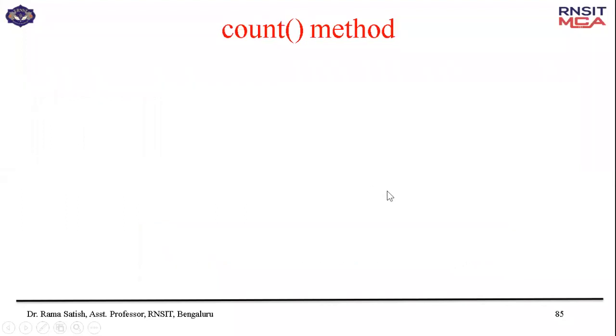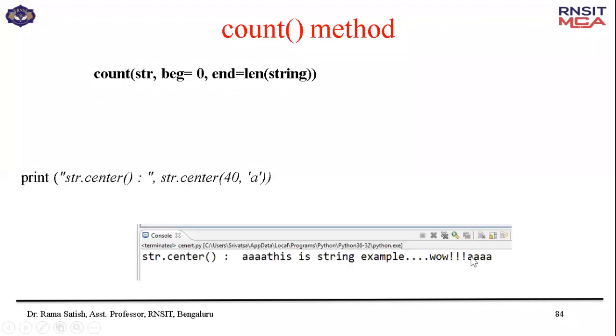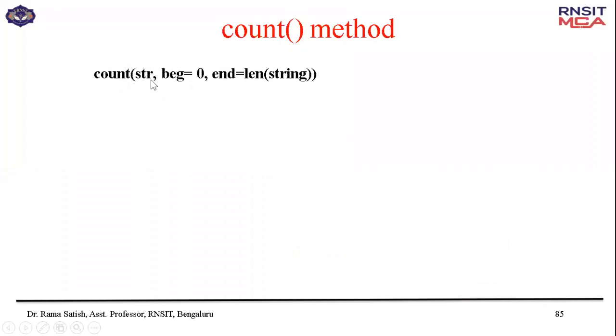Now, the count method, very, very important. Count is a method, so that will count. This is the syntax. You have to give a string, and you can give the beginning position as well as the ending position of that particular string.